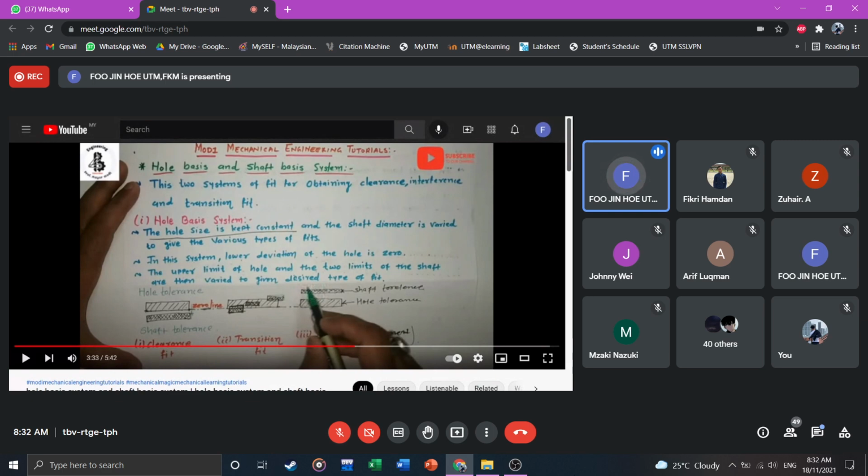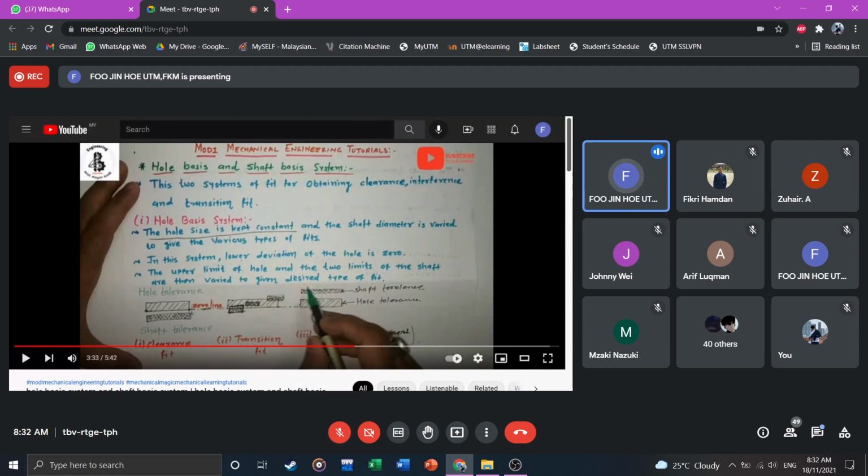For the shaft, if it is a shaft-based system, it will be 0 on the top, but numbers at the bottom. So the maximum shaft size will be the basic size, which is the diameter, let's say 50.